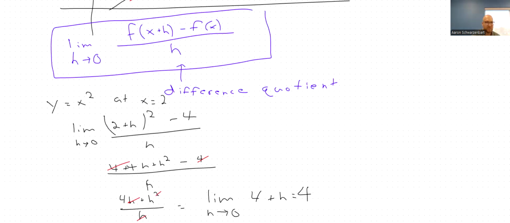Actually, I'm going to erase, so I want to leave the difference quotient there, so it's visible.